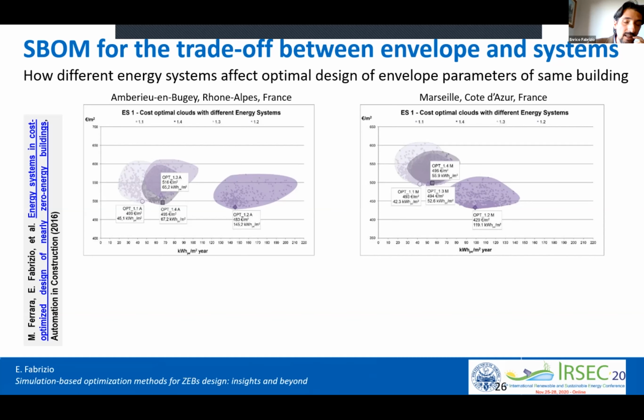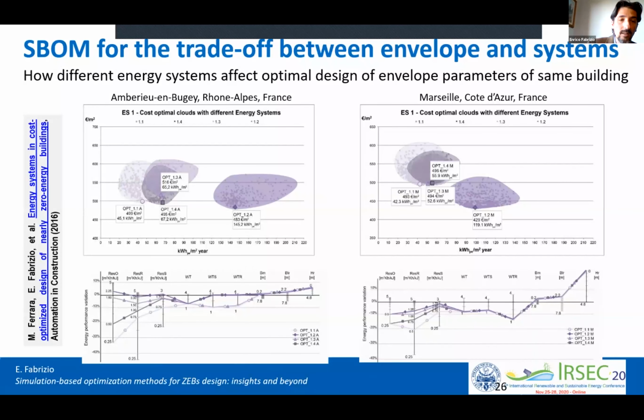If we look at the parameters, we can see that there is a variation on the envelope parameters, and in case of Marseille, parameters are more stable, in the sense that varying the energy system does not really affect, for many parameters, the optimal design of the envelope.